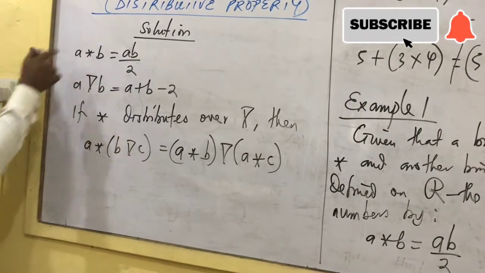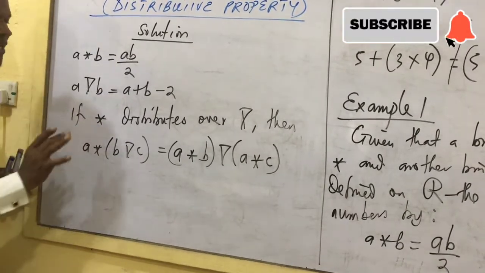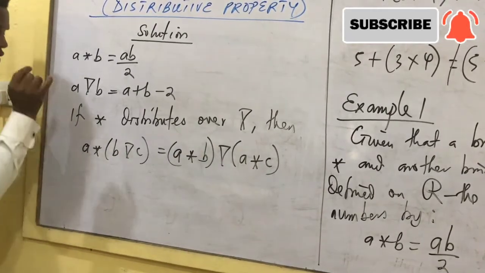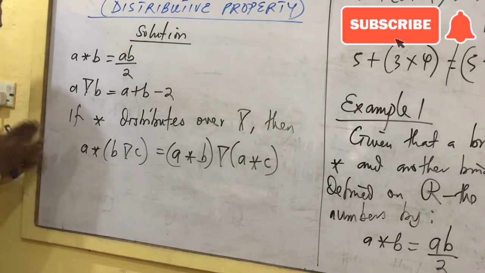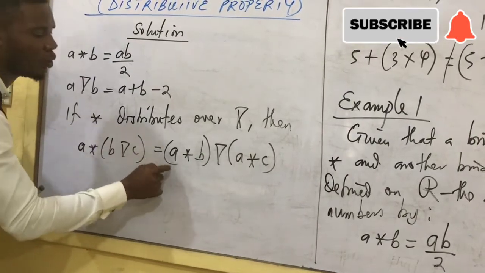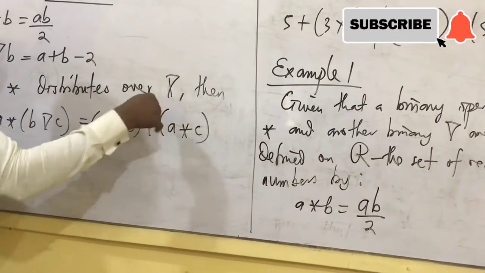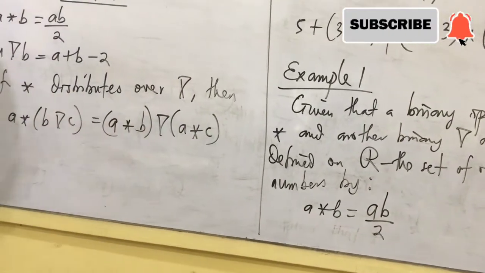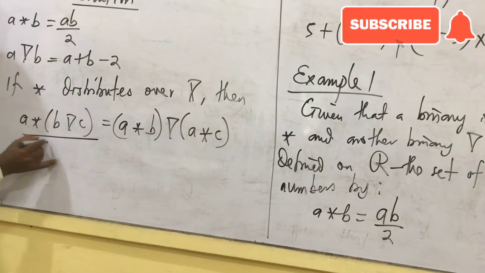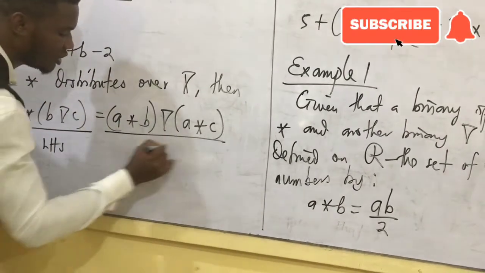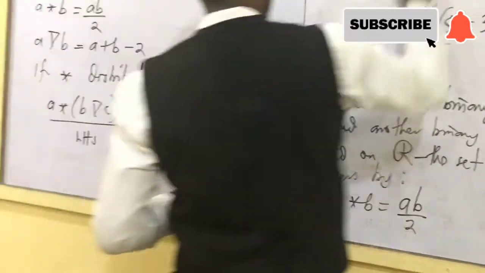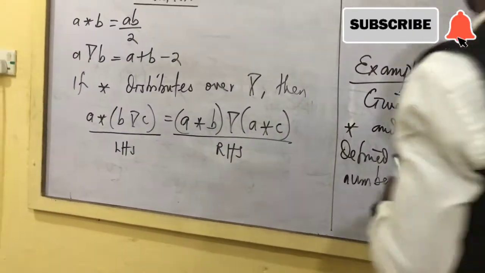We want to show, first of all, that asterisk distributes over nabla. And the condition for that is simple. In this case I'm using the left distributive property, so A asterisk (B nabla C) must be equal to (A asterisk B) nabla (A asterisk C). So what you have to do is check if the left hand side is equal to the right hand side. So we are going to get this done by doing this. This is where I'm going to start from.